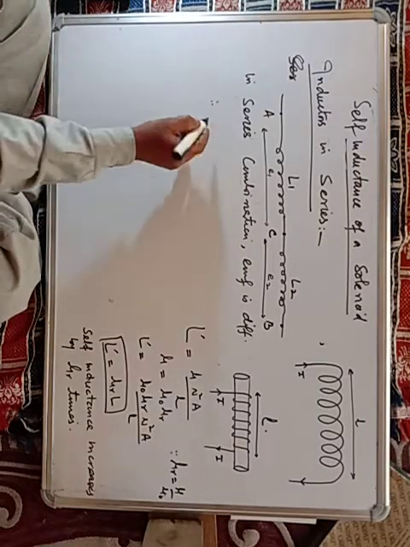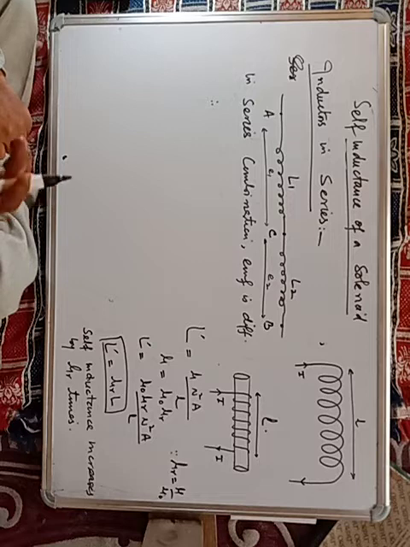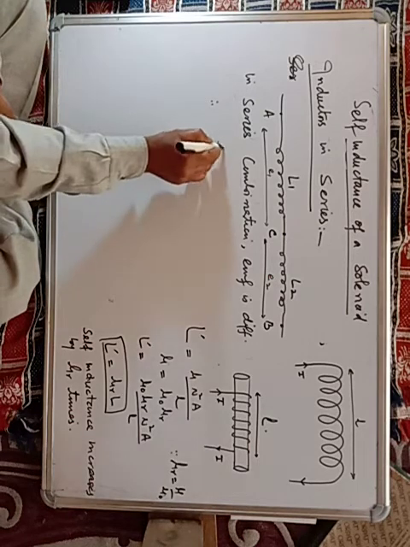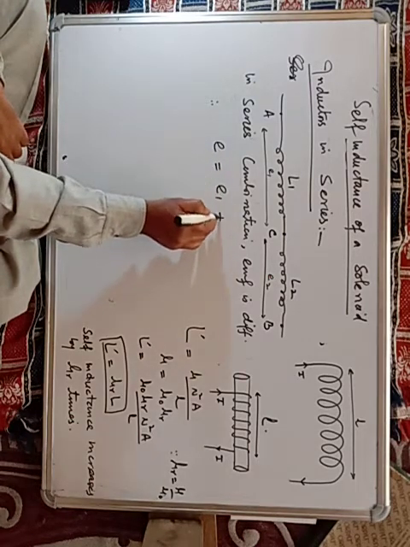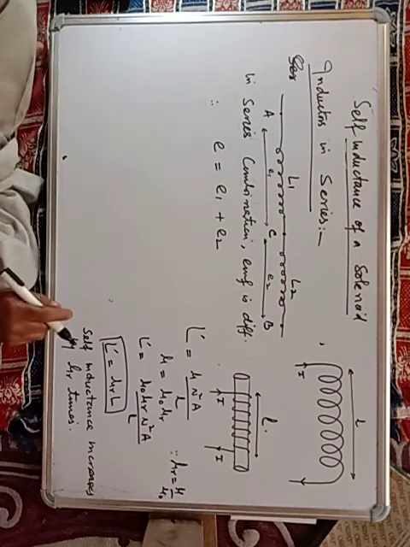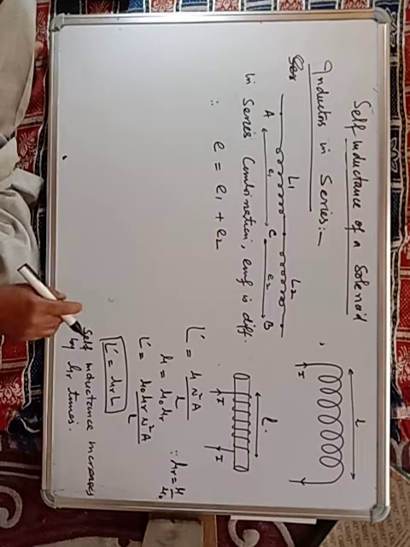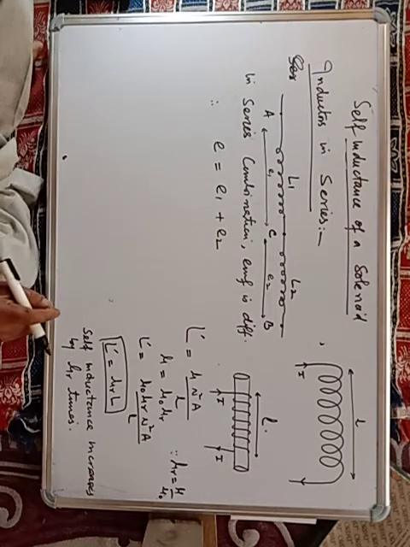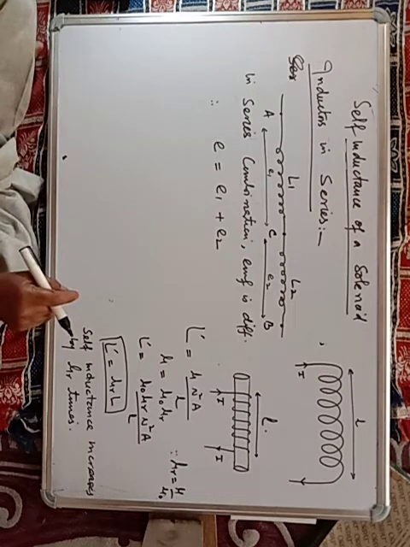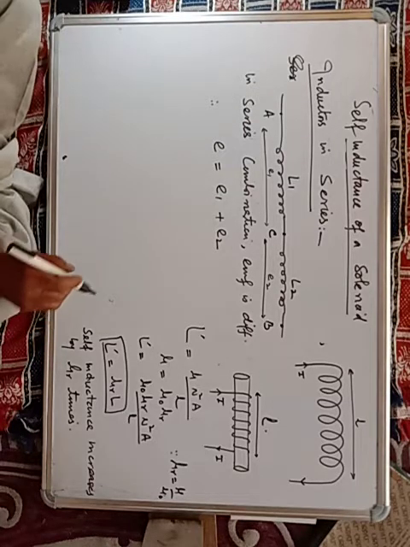So we can write here, this is a scalar quantity and is added algebraically. So E is equal to E1 plus E2. Right? In series combination, what remains same? Current. But potential difference is different across the different inductors, across different coils. So E is equal to E1 plus E2.